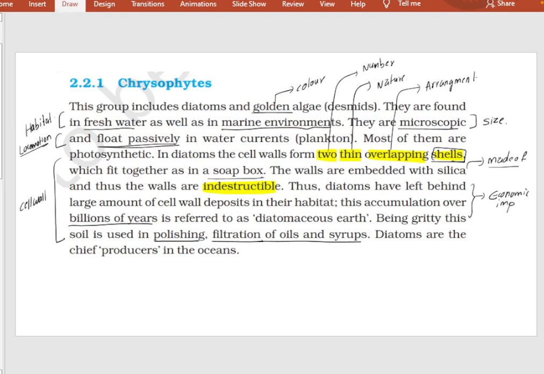Chief producer means autotrophic, photoautotrophs. They can live in fresh water also, but in the oceans they are the chief producer.